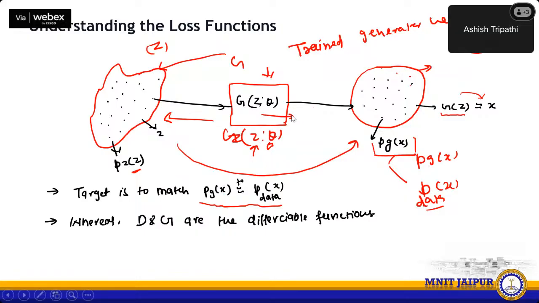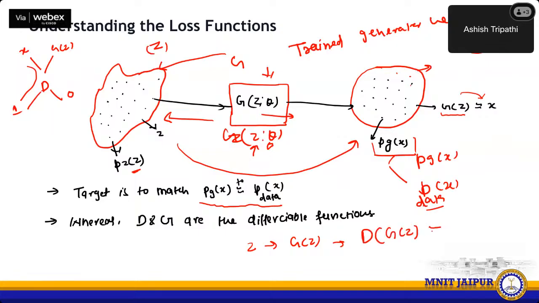Got it? So what I have told is that discriminator will get the data from two samples. One is from the real and one is from the generator G of Z, and it has to produce output 1 for this and 0 for this. And what is the target of the generator? Target of the generator is to convert this Z into format G of Z, such that when discriminator is given this input sample G of Z, it should produce output equivalent to 1, not 0.